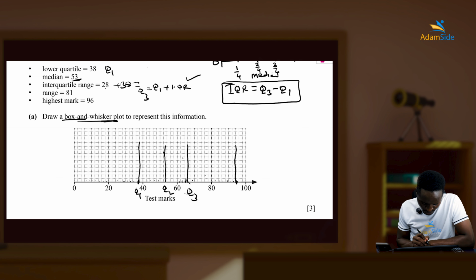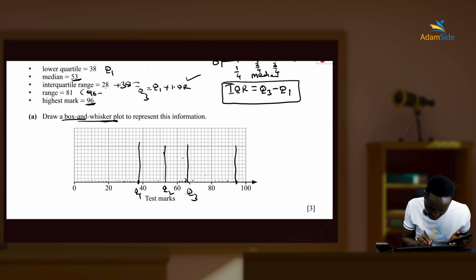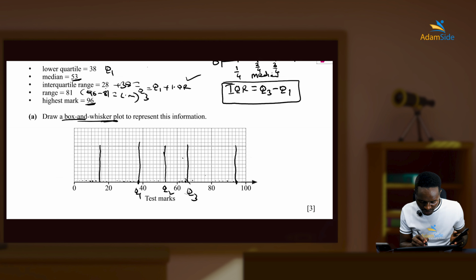Now the range is 81, so 96 minus 81 gives the lowest mark, 15. We can now draw our box plot.